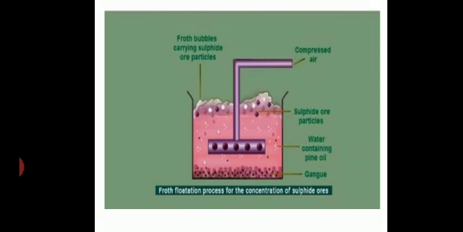Copper ions combine with the sulfide ions to form copper sulfide, which gets deposited on the surface of ZnS, zinc sulfide. It has better floating power as compared to ZnS; it floats and forms froth. It improves the floating characteristics of ZnS.